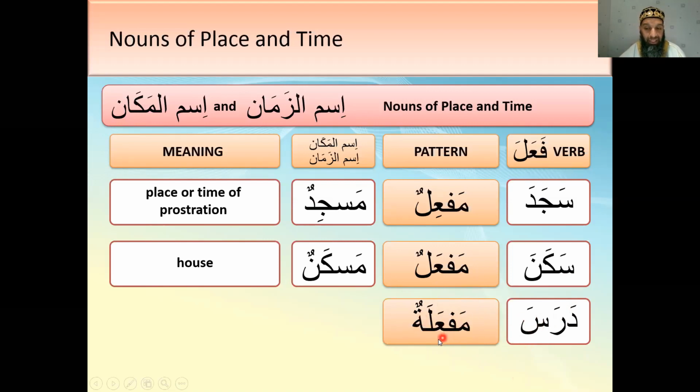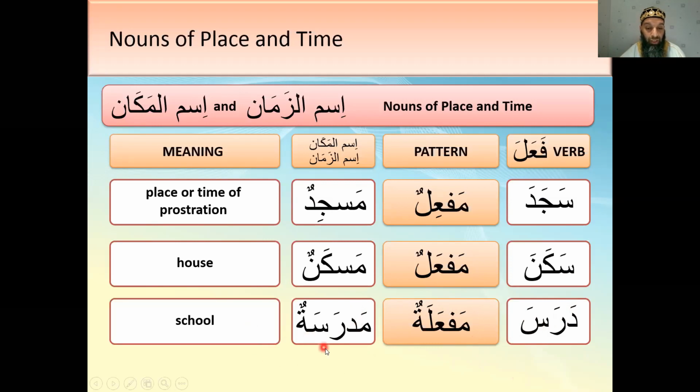So put darasa into maf'alatun, what do you get? Good. You get madrasatun. So madrasatun is the place of the dars, the lesson. So madrasatun is the place, so it's a school.